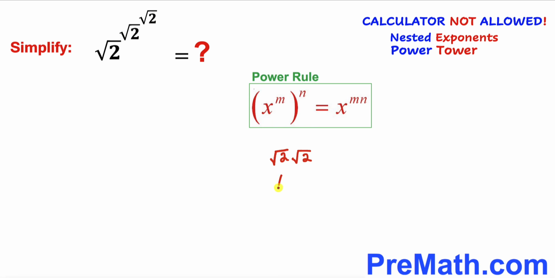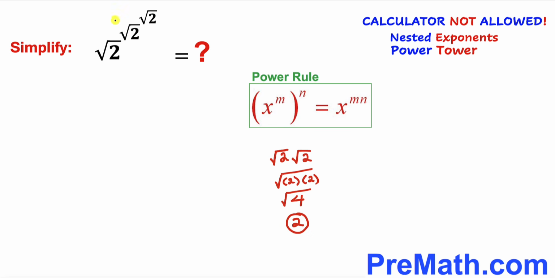We could write this as the square root of 2 times 2, and that could be written as the square root of 4, and that is going to be equal to simply 2. So therefore, whenever we multiply out these two nested exponents, we are supposed to be getting simply 2.